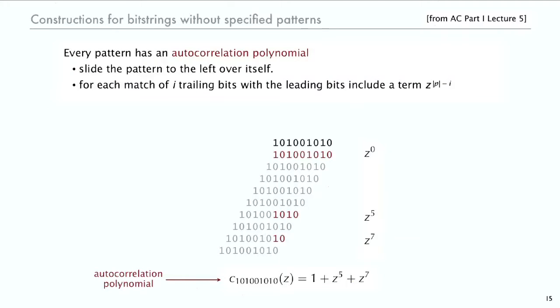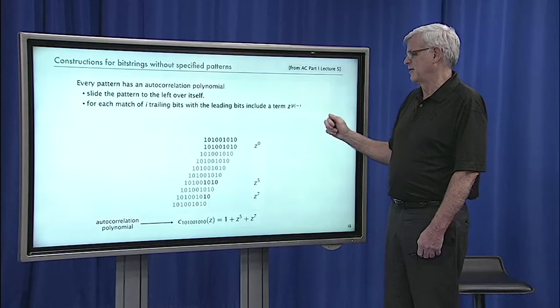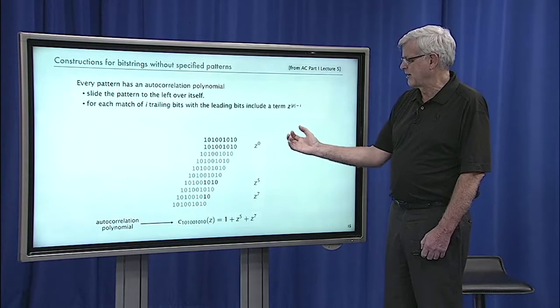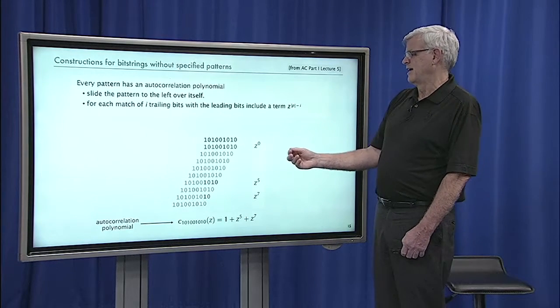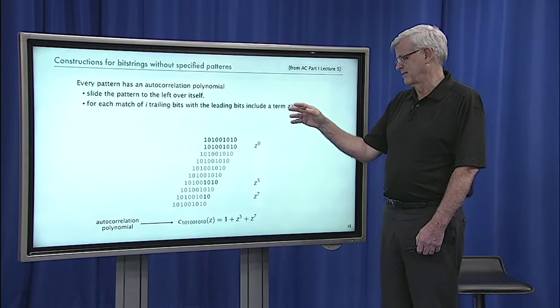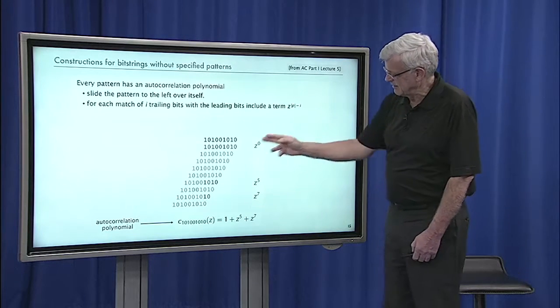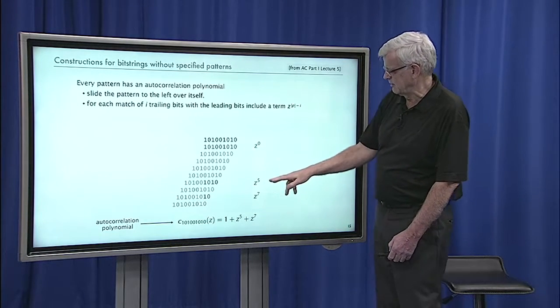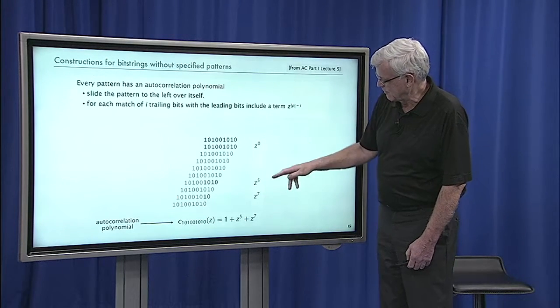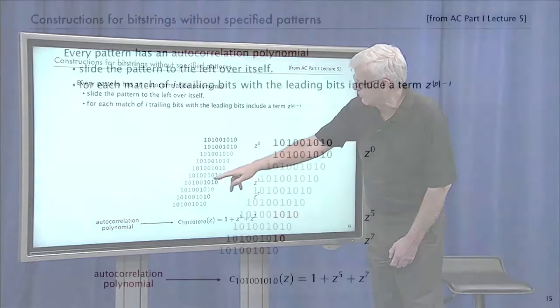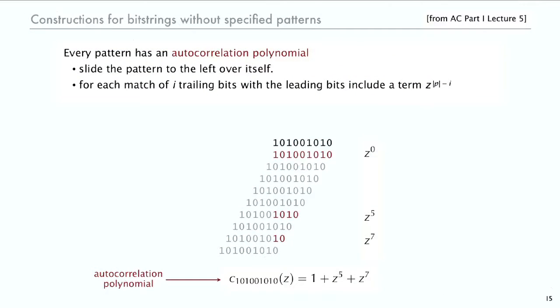The second construction is a little bit more complicated. It's developed in terms of what's called an autocorrelation polynomial, where we slide the pattern over itself to the left, and if the trailing bits match the leading bits, then we include a term. So a 0 shift makes a match, but after a while, if we shift 5 positions, then 10100 matches the leading bits, and so forth.